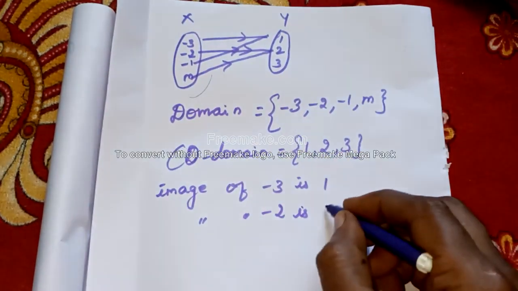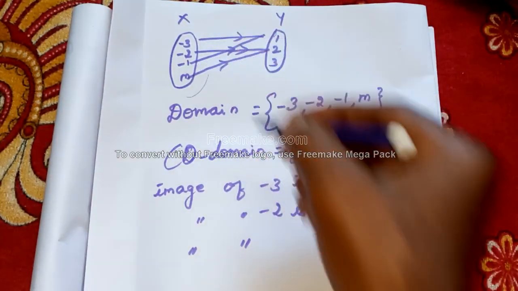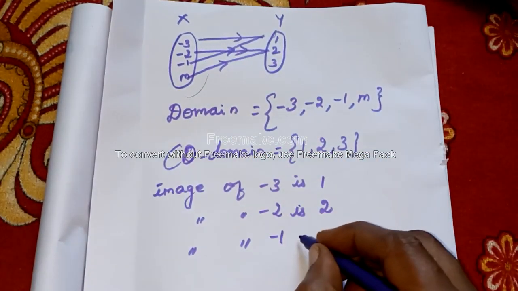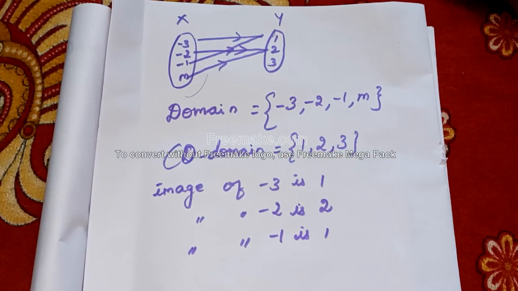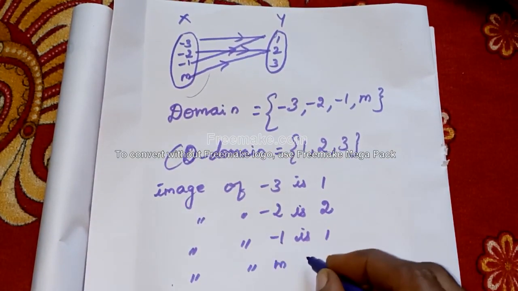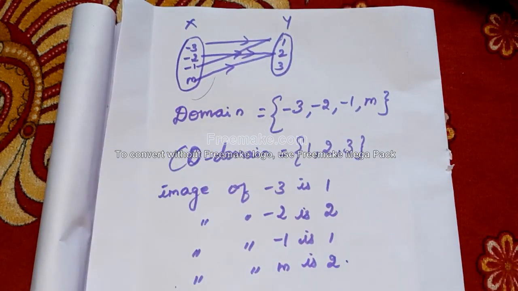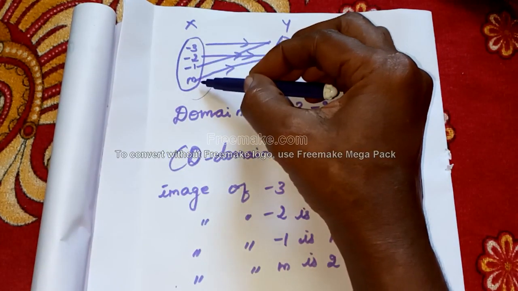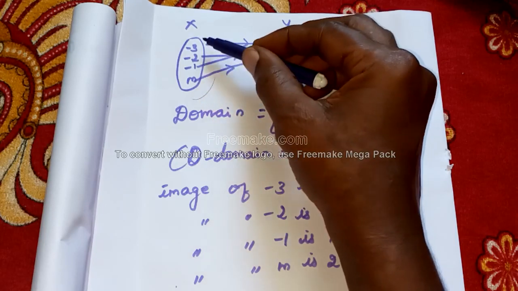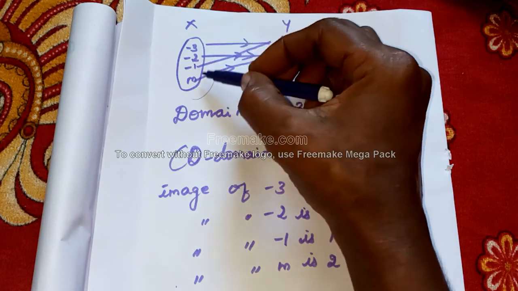Next, image of -1 is 1. Next, image of m is 2. Is it? Every element in x having an image. Is it, students? Every element in x having an image.